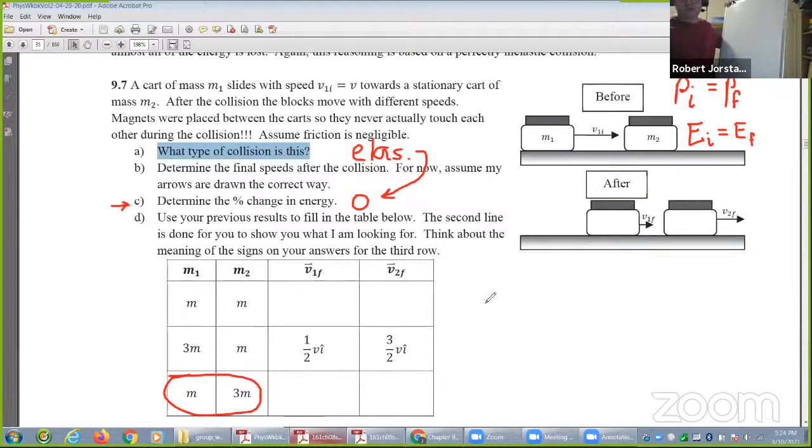Okay. So in this problem, the conservation of momentum would be m times v in the i hat, right? That's the initial momentum. This is V1 initial.